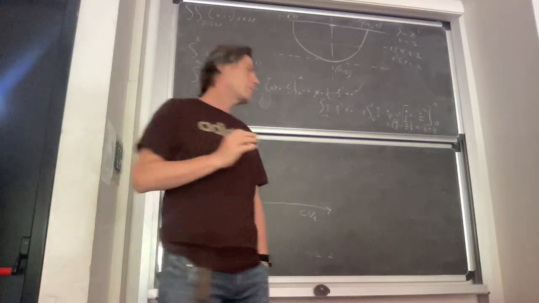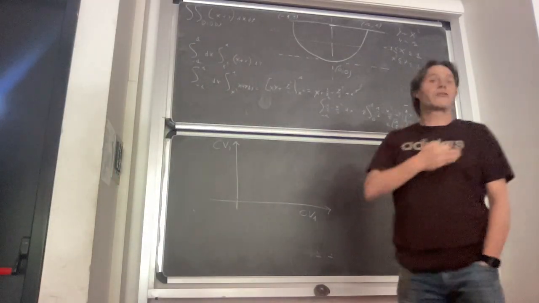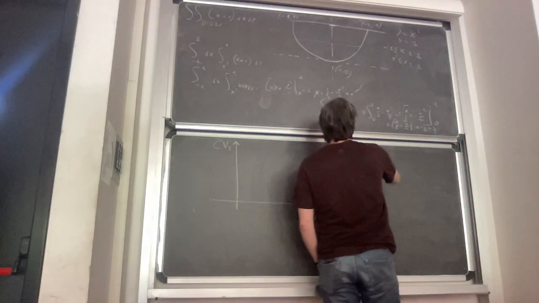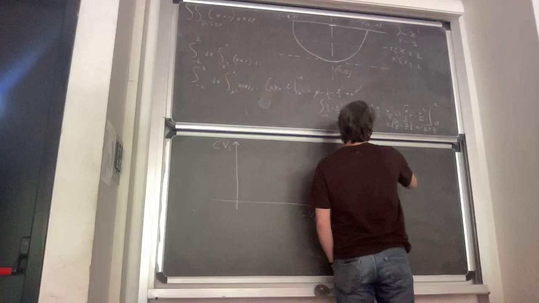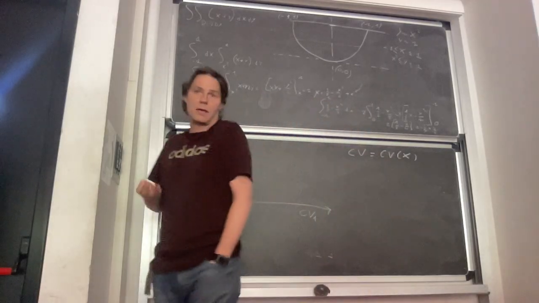So collective variables are typically functions of the configurations. So a CV is a function of X in configuration space.